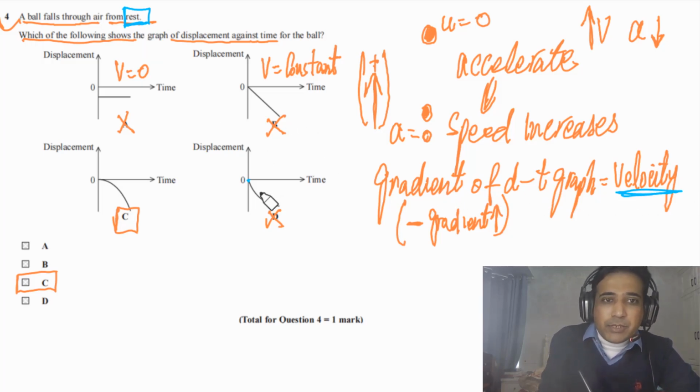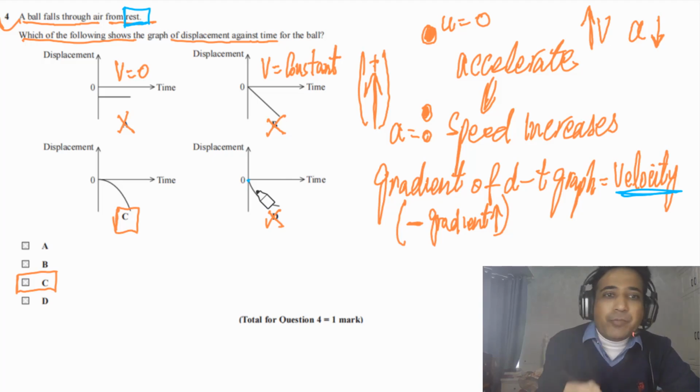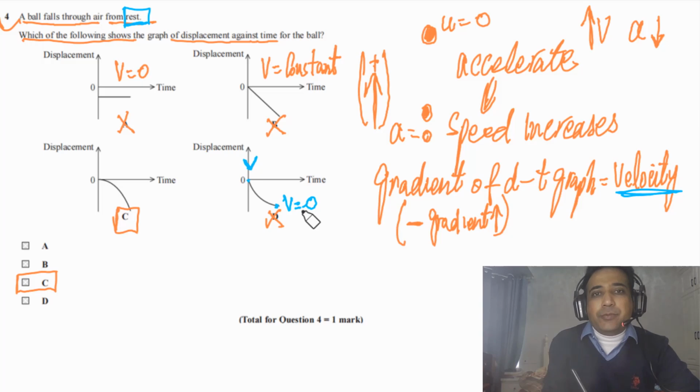So it simply means that the initial gradient has to be equal to 0. But if you look at the gradient at this point, it is not equal to 0. So this is telling us it has a certain velocity, and at the end, the gradient here is equal to 0. This is telling you the final velocity is equal to 0.